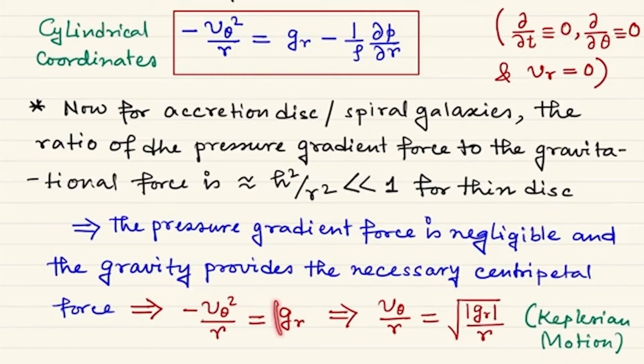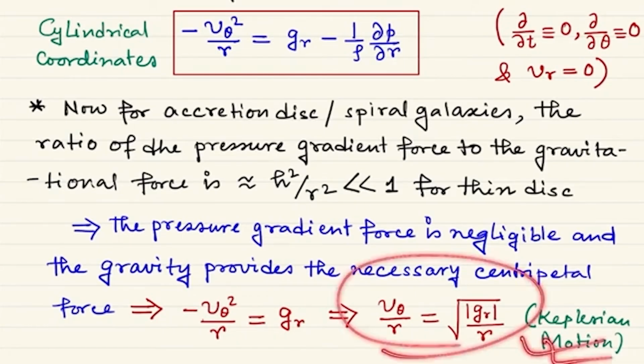This will be exactly equal to minus of minus v theta square by r, so it will be v theta square by r. So v theta by r will simply be equal to the root of the modulus of gr by r. Right, you just divide both sides by r and you take the mod, so there it will be plus, and then you have this. And what is this? This is nothing but our well-known Keplerian motion.